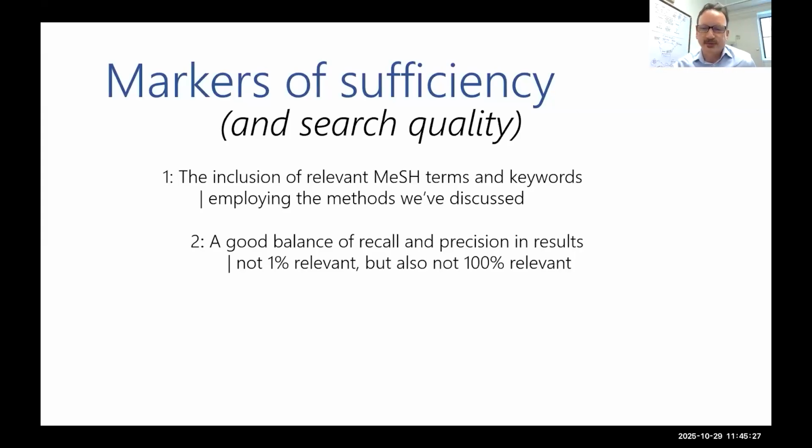Also, markers of sufficiency, or maybe in this case, insufficiency, is whether or not you have a good balance of recall and precision in results. There's no hard and fast rule here, but you want to be somewhere between 1% relevant, right? Or you've got like 99% irrelevant stuff, a ton of noise. You want to be somewhere between that extreme and the extreme of 100% relevance, where you've probably overdetermined your search and maybe added unnecessary concepts that focus it down overly much.